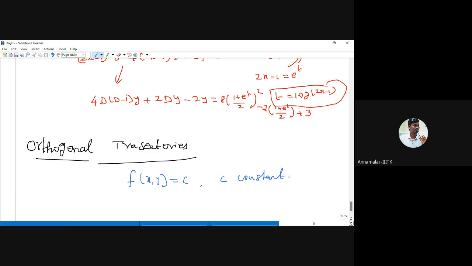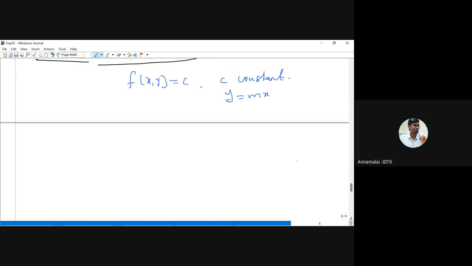If you give different values of c, you will get different equations. First, simply we can take y equal to mx, where m is any constant. So this is a family of curves. If you give m equal to 1, you get the y equal to x line. So for different values of m, you get different curves.